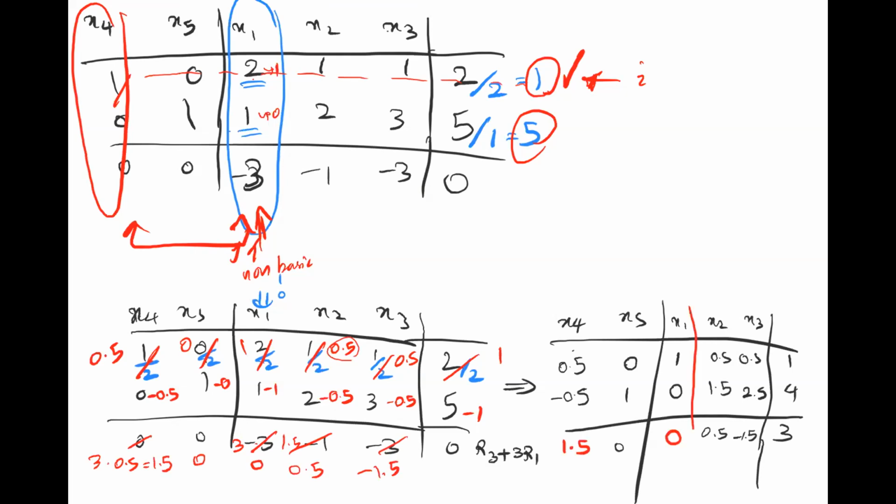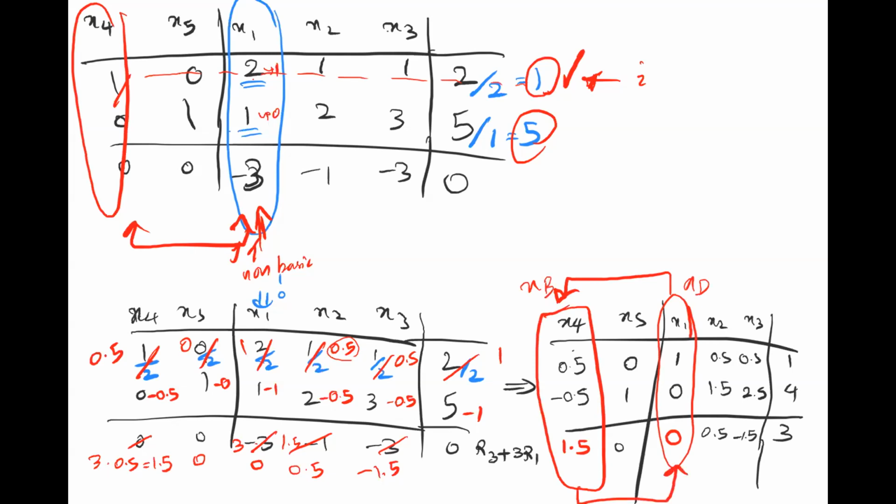So now x1's column is ready to be switched with x4. That's how one of our non-basics enters the basic and one of our basics enters the non-basic. I'm going to switch these 2 columns and rewrite the tableau again.